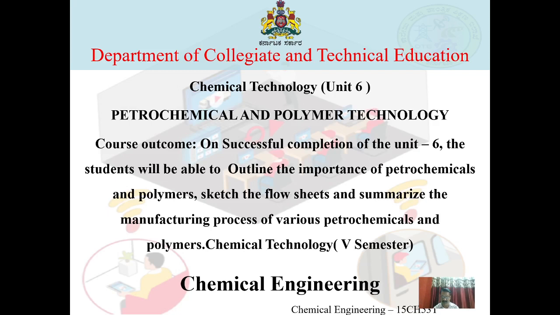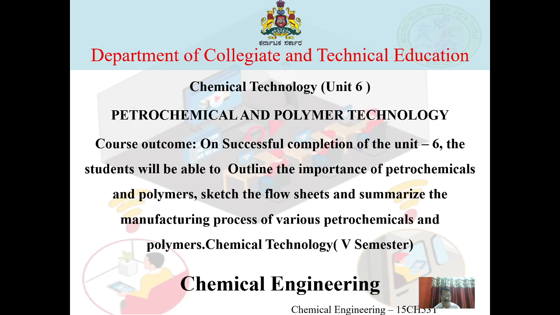Phenol is also manufactured by the Raschig process, in which hydrochlorination of benzene is carried out in the presence of HCl and then oxidized at a temperature of 240 degrees Celsius in the presence of ferric chloride and cuprous chloride catalyst to form monochlorobenzene.